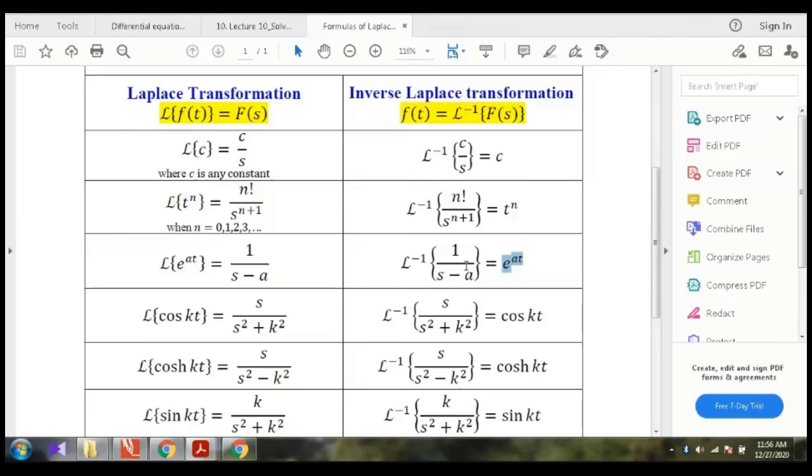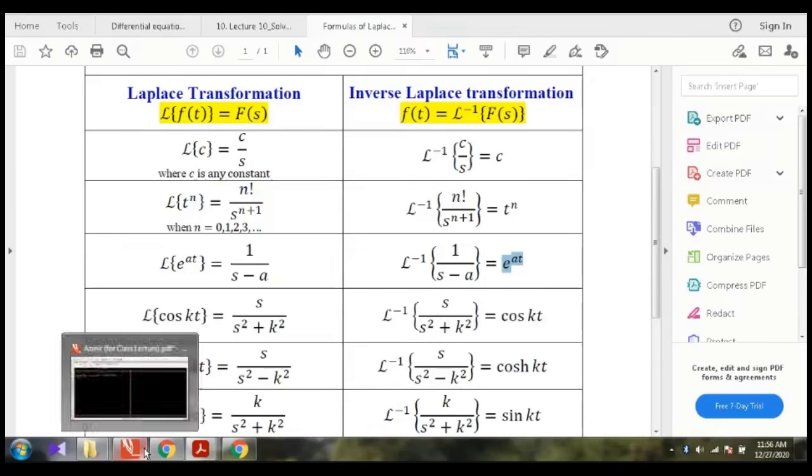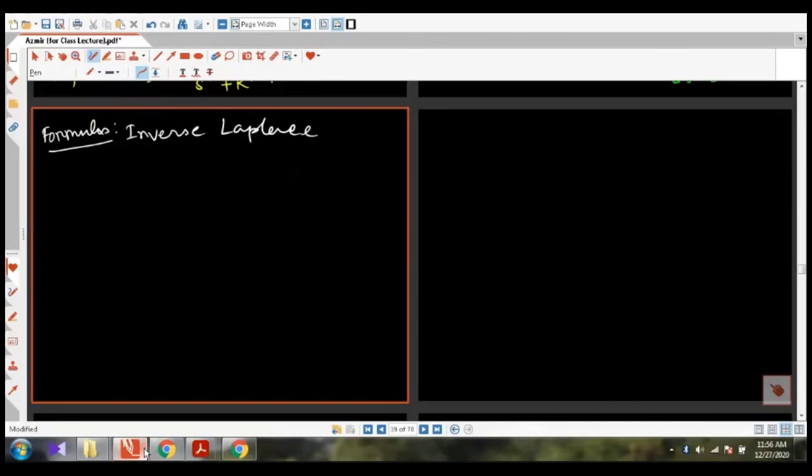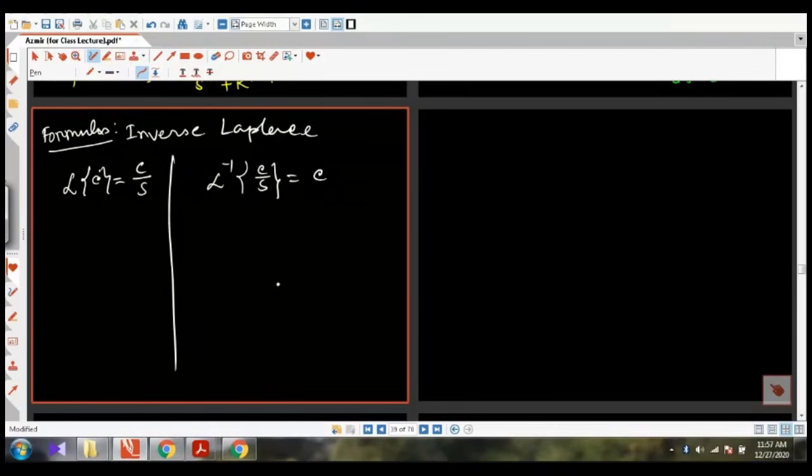So let me go to the advanced level. Laplace transformation of a constant is constant over s. Similarly, inverse Laplace transformation of constant over s is constant.